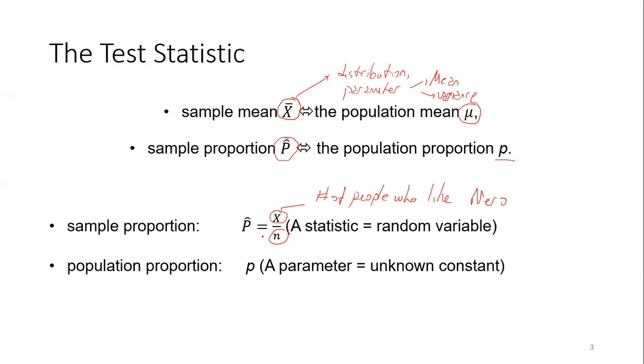We can ask everyone, do you like Cafe Nero, and count the number of people who like it. Let's say there are 13 students who like it, and n is, let's say, 39. Then p hat is equal to 1 over 3, so the sample proportion will be 1 over 3.